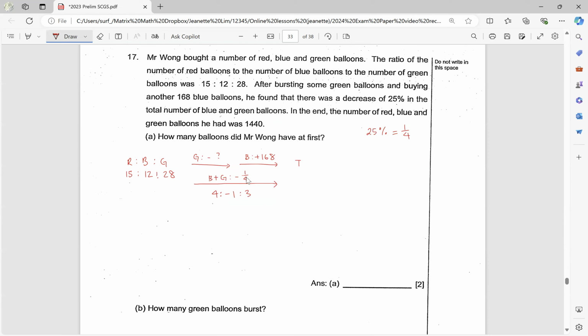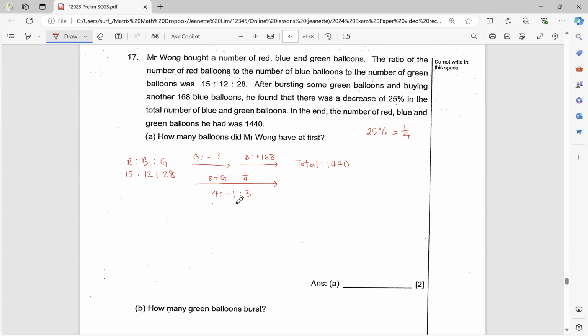In the end, the total is 1440. So here I have a ratio, here I also have a ratio, right? Whenever you have more than one set of ratio, you have to find a common base between them. This ratio is talking about the before.